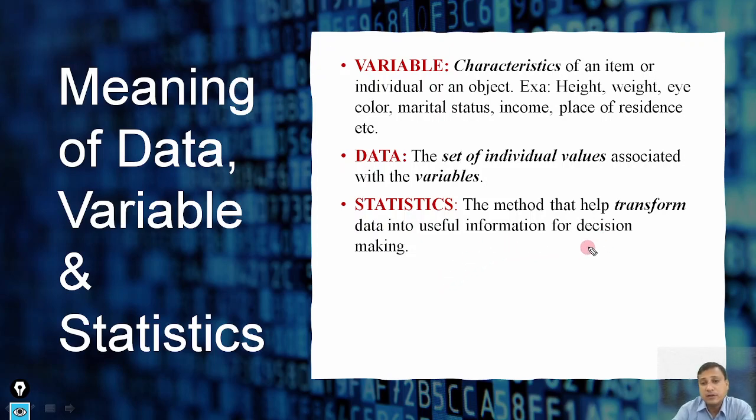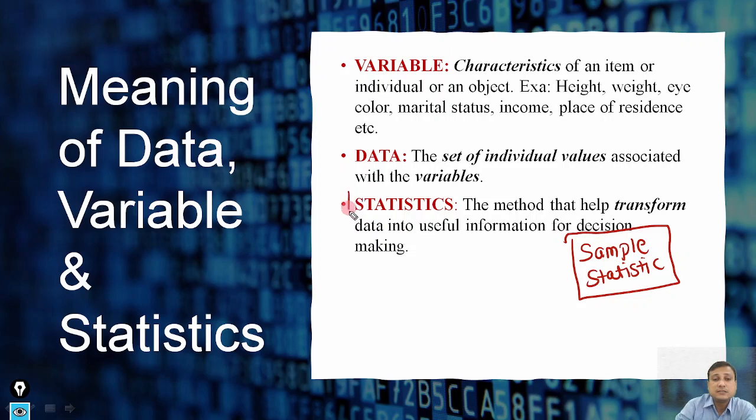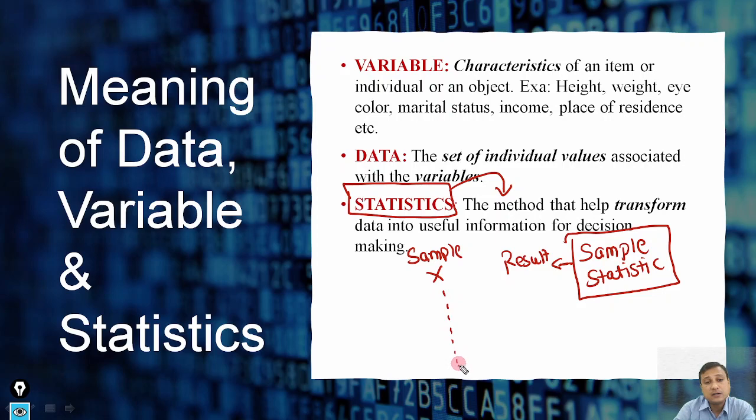Now if you remember, in the previous lecture we have used one terminology, that is sample statistic, and this sample statistic is somewhat different than this statistics. Statistics is a method which helps us to transform data into useful information, whereas sample statistic is the result out of some sample. So suppose here is a sample X and here are some numbers. This is the data that we have collected.